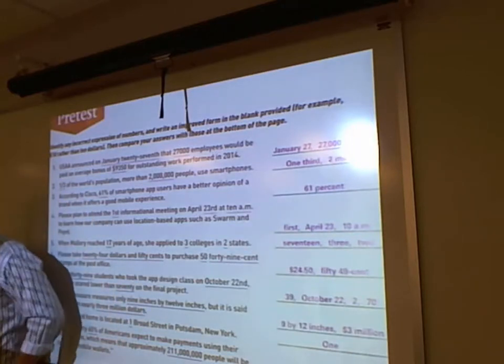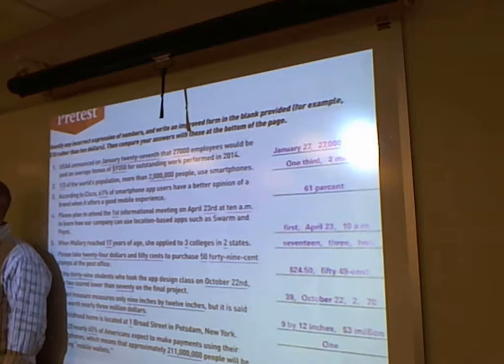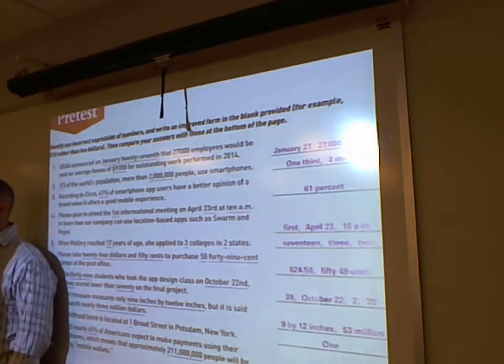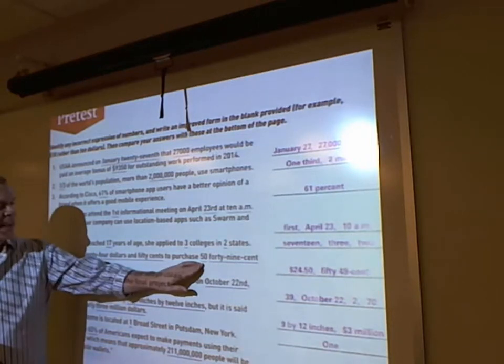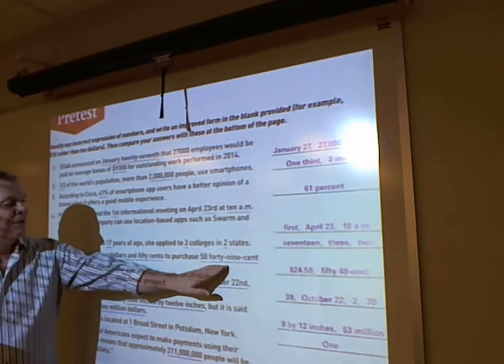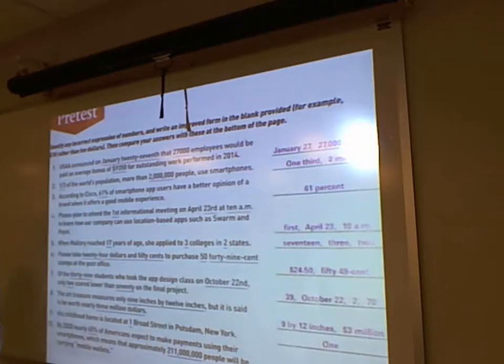If it's more than 2 words, then you can use 2 figures next to each other. So this is going to be 50, F-I-F-T-Y, and then 49 is a figure, and then the word cent, stamps at the post office.